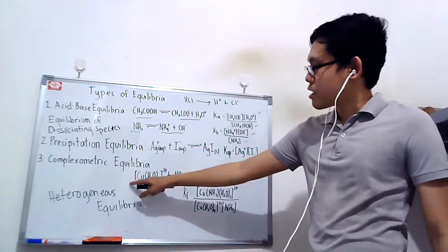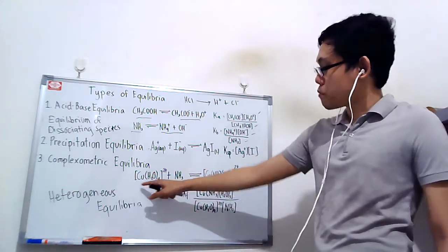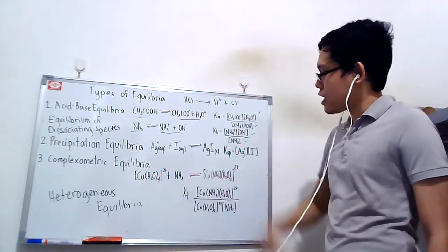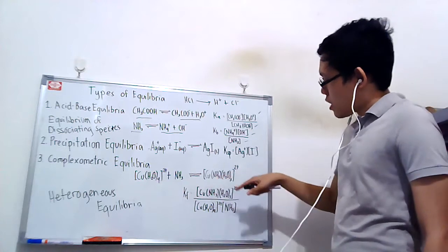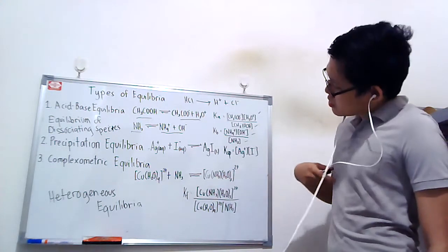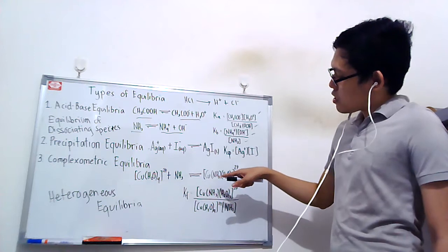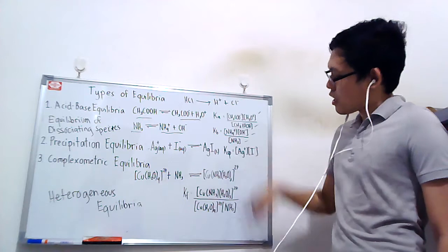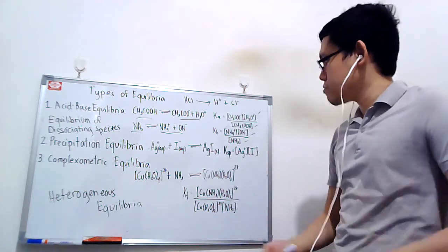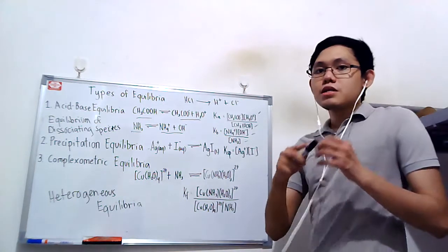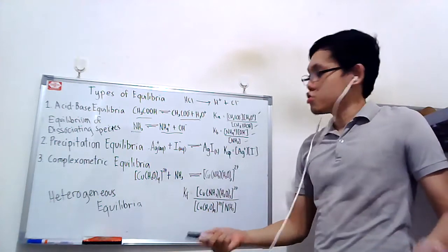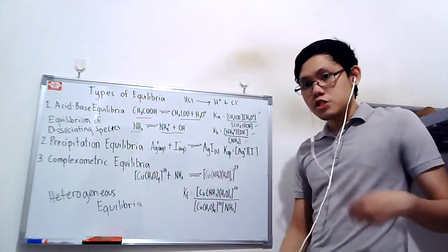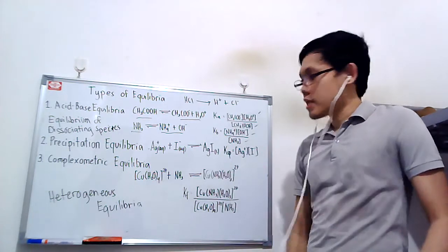So in this case, meron tayong tetraaquo copper 2 plus, plus ammonia. So nagkaroon ka ng triaquo amine copper 2 plus. I don't know if the name is correct, but in this complexation reaction, meron pa ding equilibrium constant, which is called your formation constant.